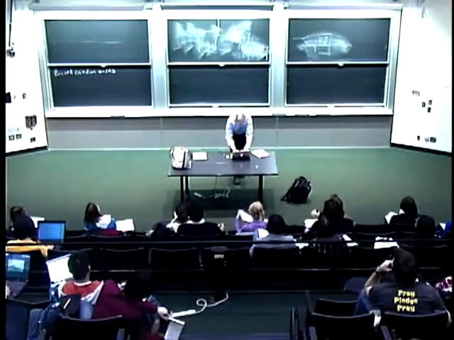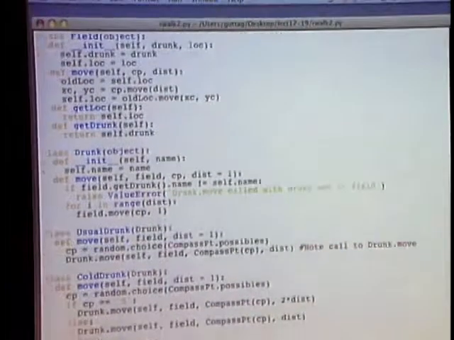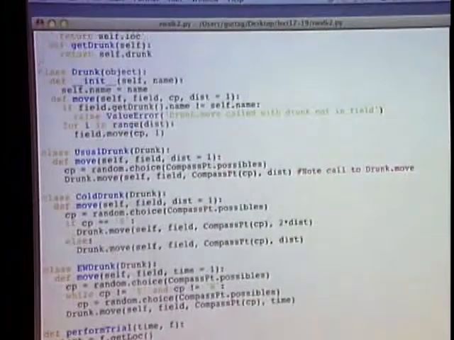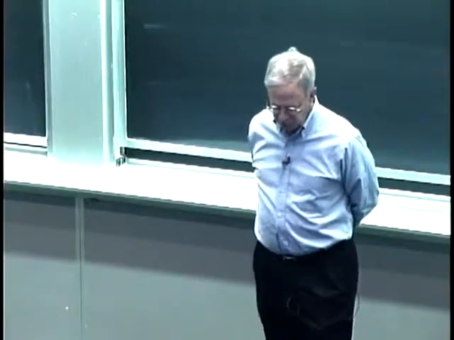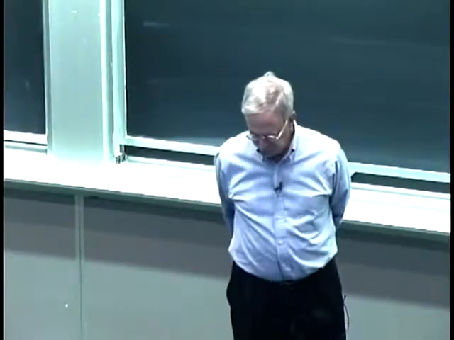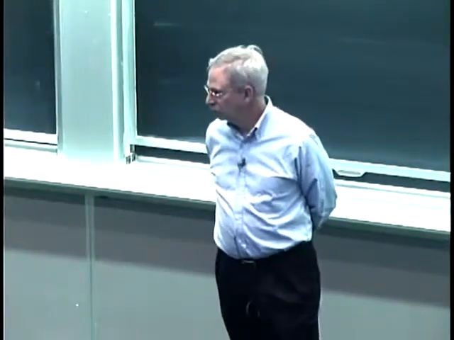So now, drunk itself is a very small class, one I don't actually intend to ever instantiate. I've pared it down. It has only two methods in it. It has an init, which is the same as before, and a move, which is almost the same.